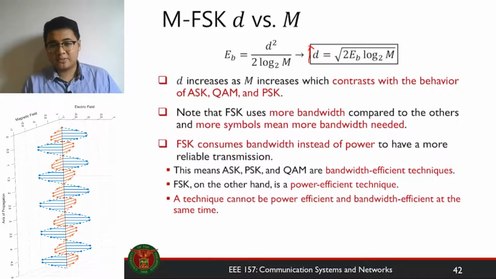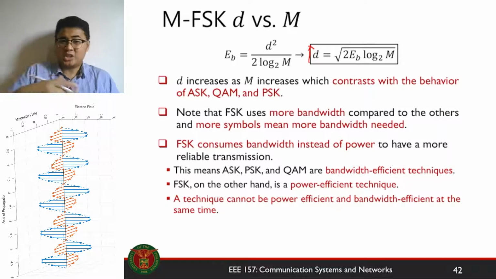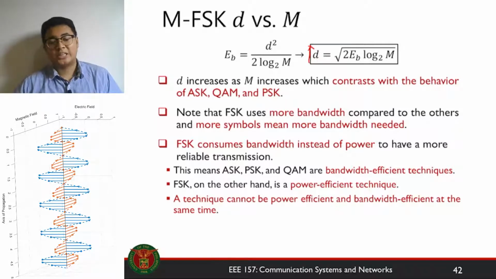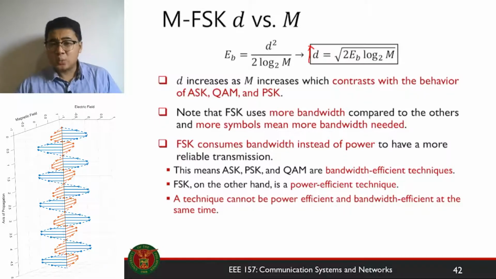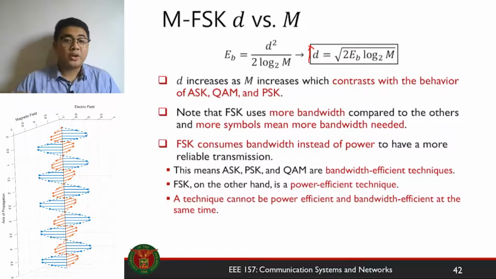So that means for FSK, we should just use a lot of symbols, right? Well, the limiting factor here is that it uses more bandwidth. Since FSK uses more bandwidth if M increases, and if we're bandwidth limited, we can't really use FSK practically for our communication system. Okay? So in terms of power efficiency, however, FSK is better than ASK, QAM, and PSK.